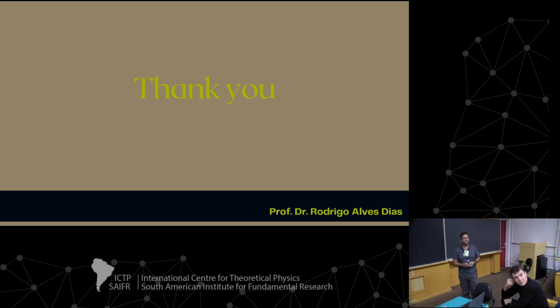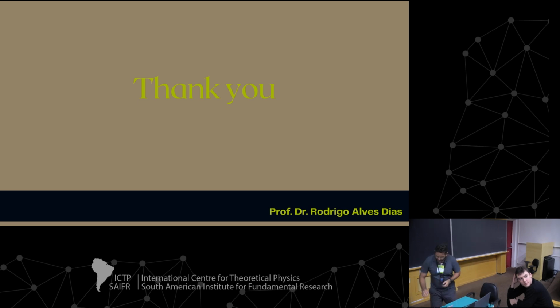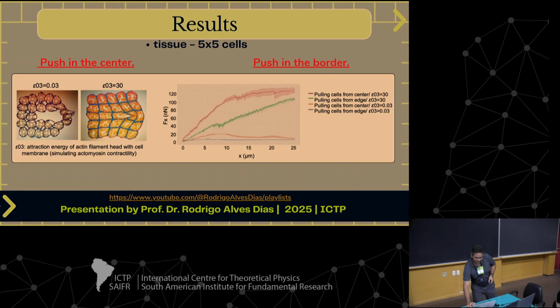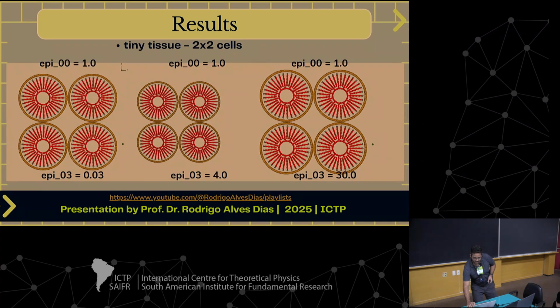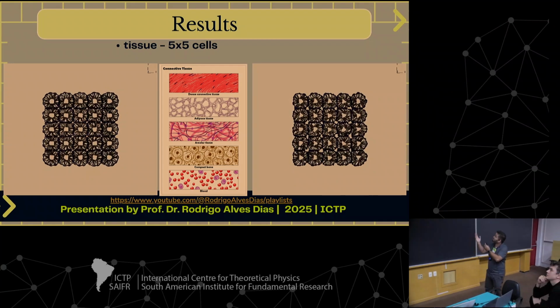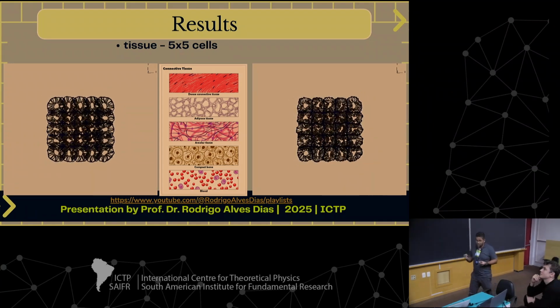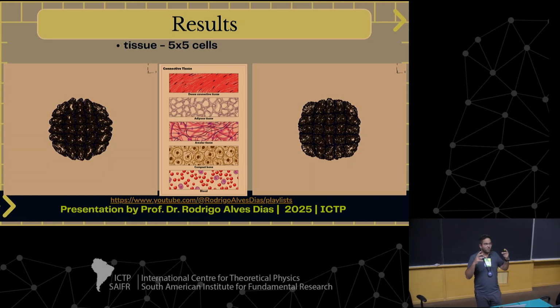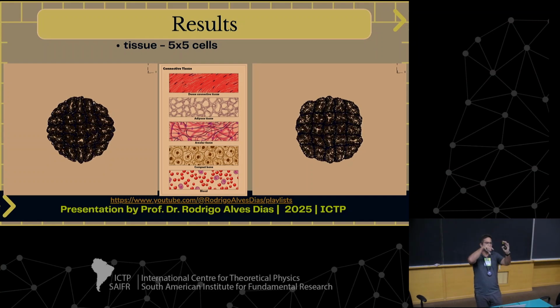Did you simulate cell adhesion, the connection between the cells, tight junctions or other types? I don't need to put adhesion ad hoc, because when I create a cell, we have the force field.